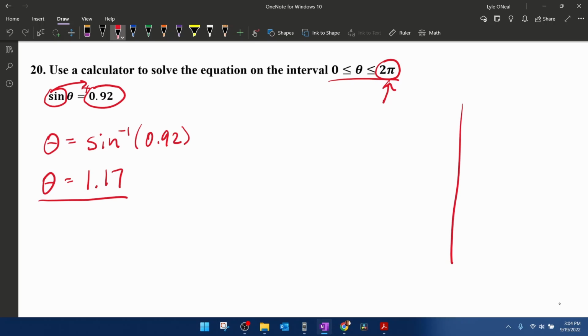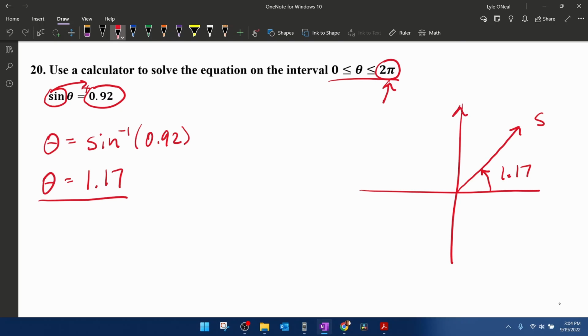Now let's go to the coordinate system. We know that sine in the first quadrant is positive, and this angle, this 1.17 radians, is a quadrant 1 angle.